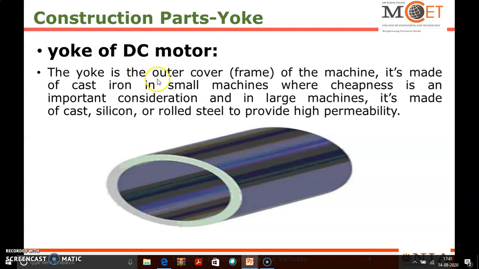The purpose of the yoke is to cover all the inner parts of the electric motor and to protect them from mechanical damage. The yoke, or magnetic frame, is made of cast iron for smaller machines, considering its cheapness, whereas for larger machines it is made of silicon or rolled steel to provide high reliability.